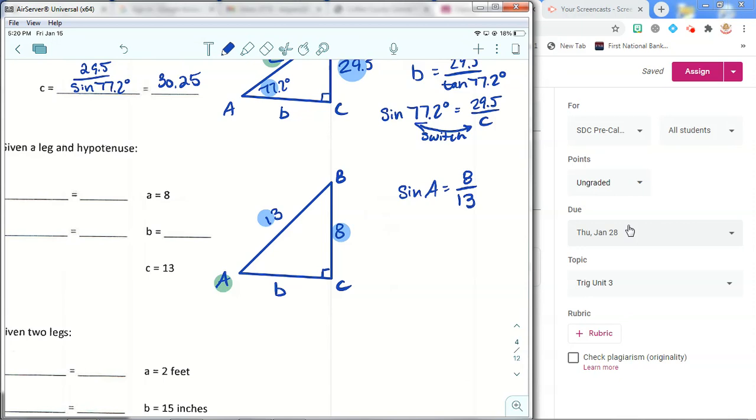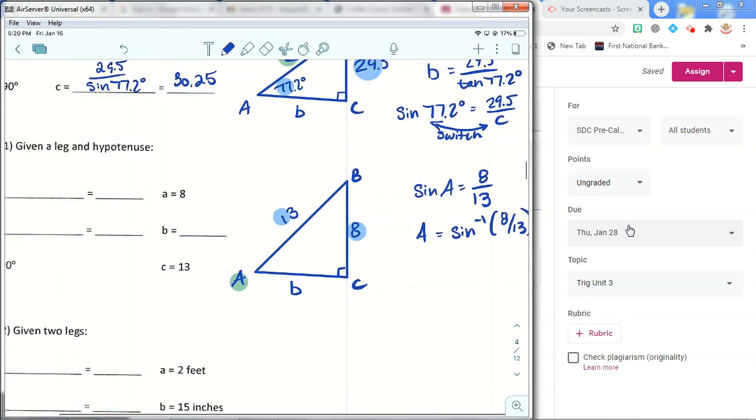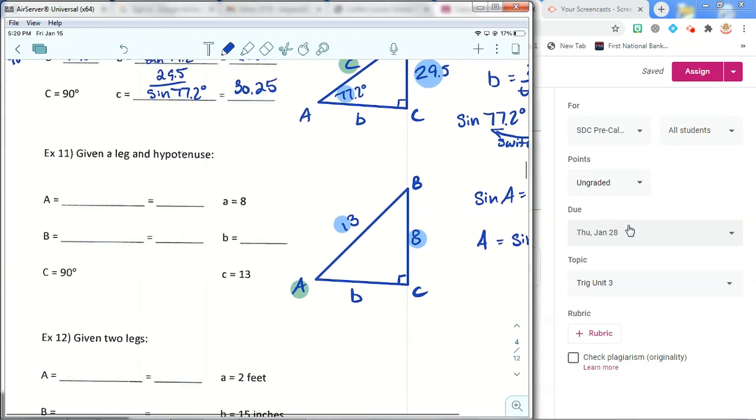All right, then if we know what the sine is, and we want to find what angle has that sine, that's when you do the inverse trig ratios or the arcsine. Anytime you have sine to the -1, it's going to give you an angle that has that sine. Okay, so that's what we'll write in the blank for A. The inverse sine of 8/13.